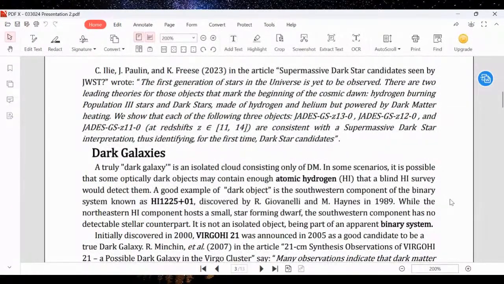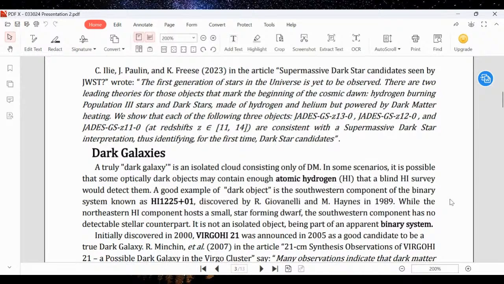Ilie, Paulin, and Freese, in the article Supermassive Dark Star Candidates Seen by JWST, wrote: The first generation of stars in the universe is yet to be observed. There are two leading theories for those objects that mark the beginning of the cosmic dawn: hydrogen burning Population 3 stars and dark stars made of hydrogen and helium but powered by dark matter heating.